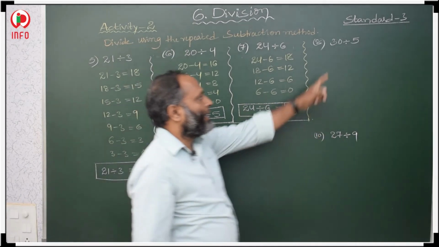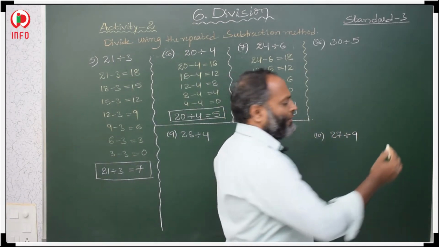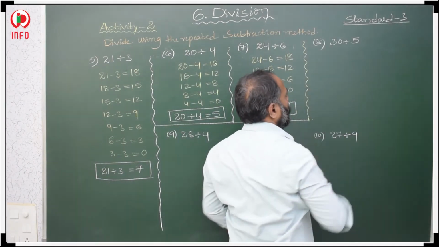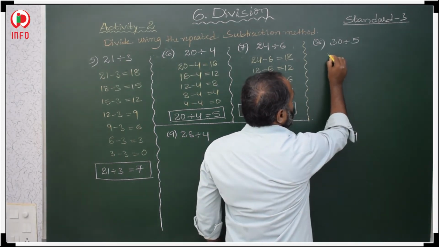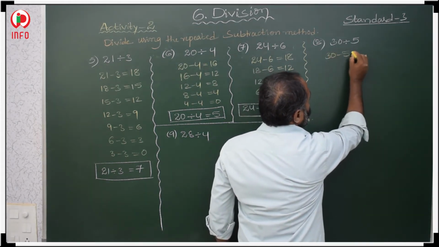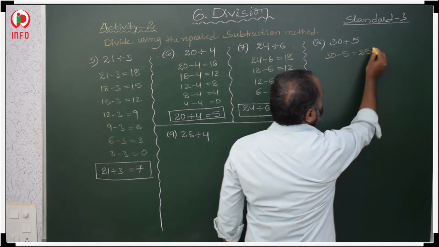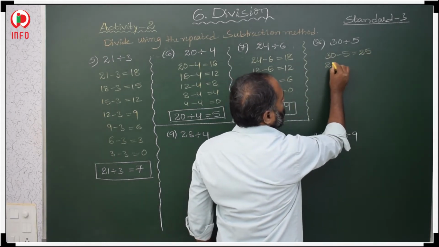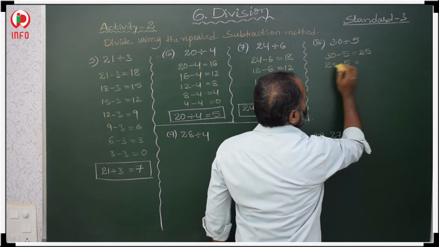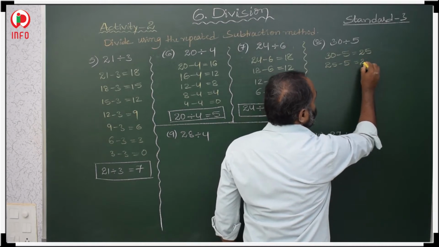Next one, 30 divided by 5. 30 divided by 5 means 30 minus 5 we have to take first. 30 minus 5 is 25. Again this remainder with divisor. 25 minus 5, that is 20.